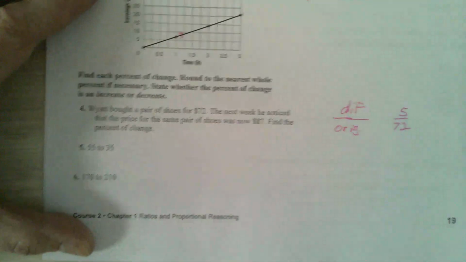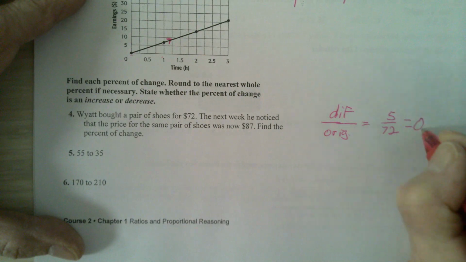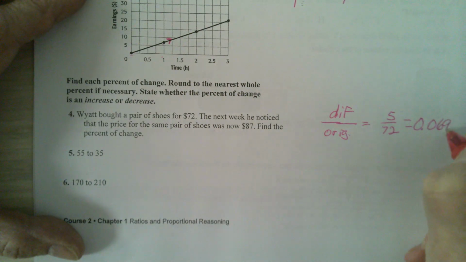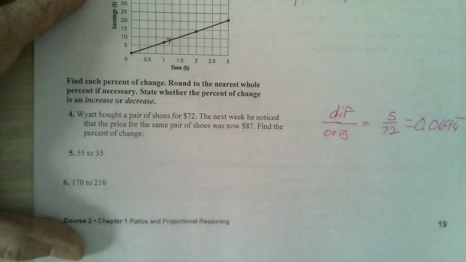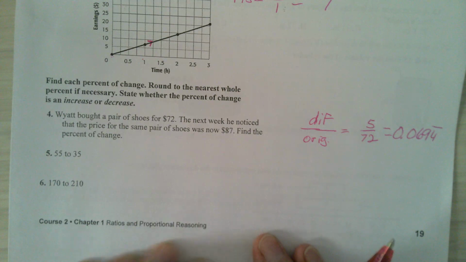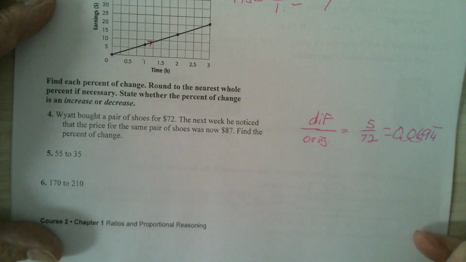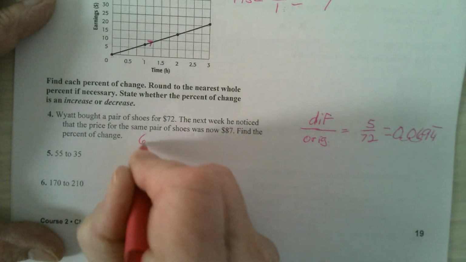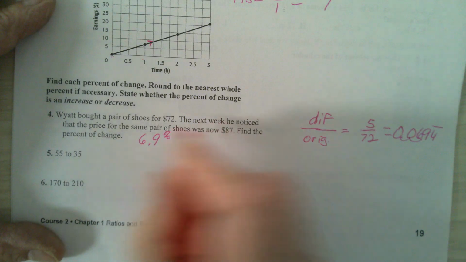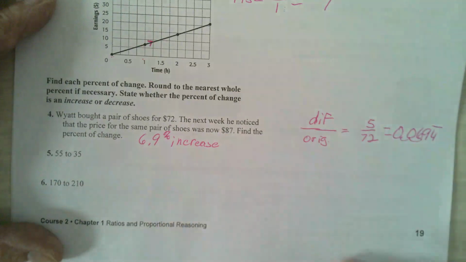So 5 divided by 72 gives you the answer 0.0694 with the 4 repeating. Now we're going to change it to a decimal. So the percent is going to be 6.9%. And it is an increase. Any questions on how to do that?